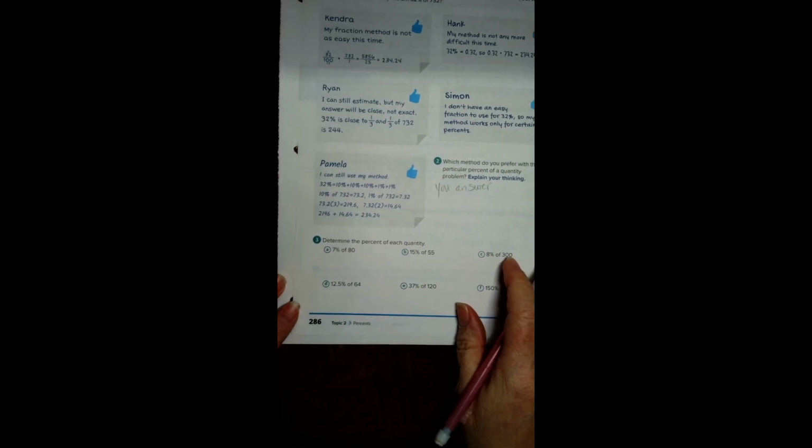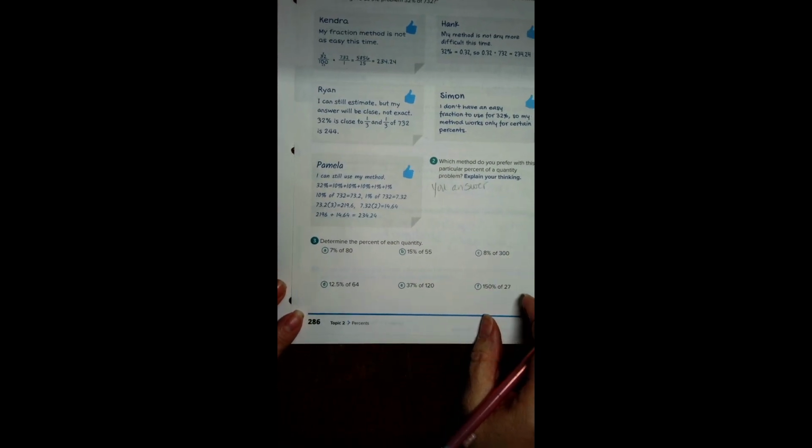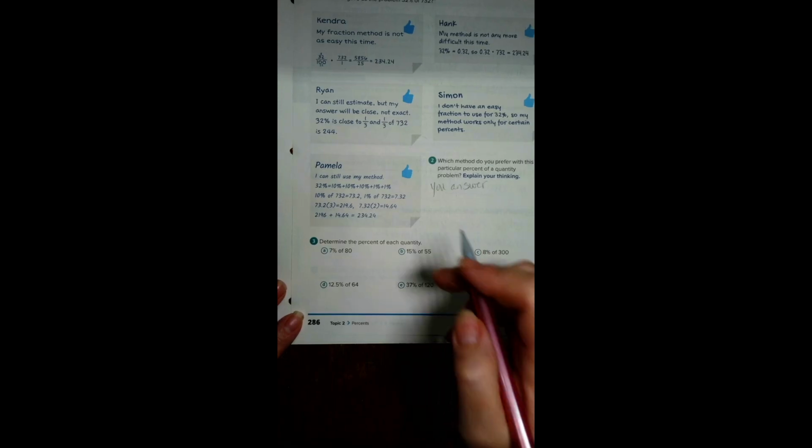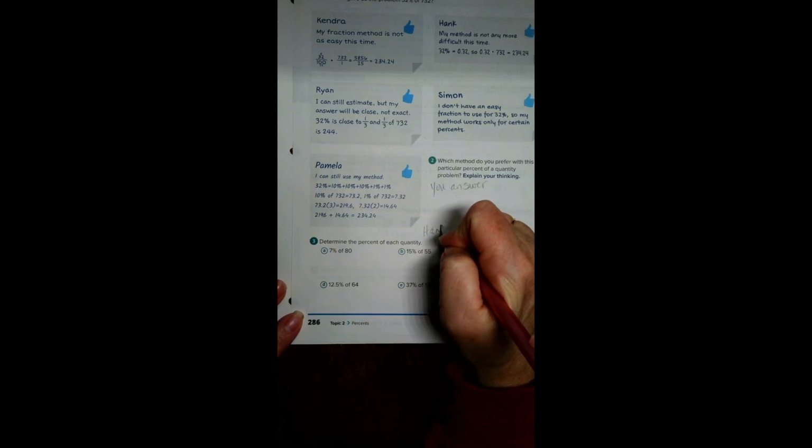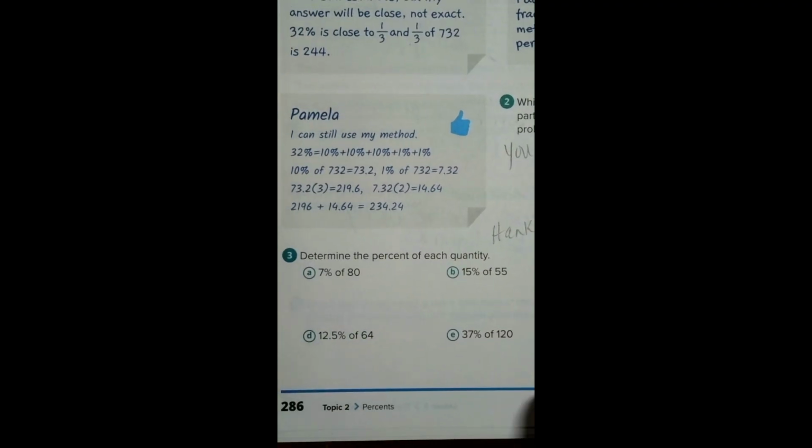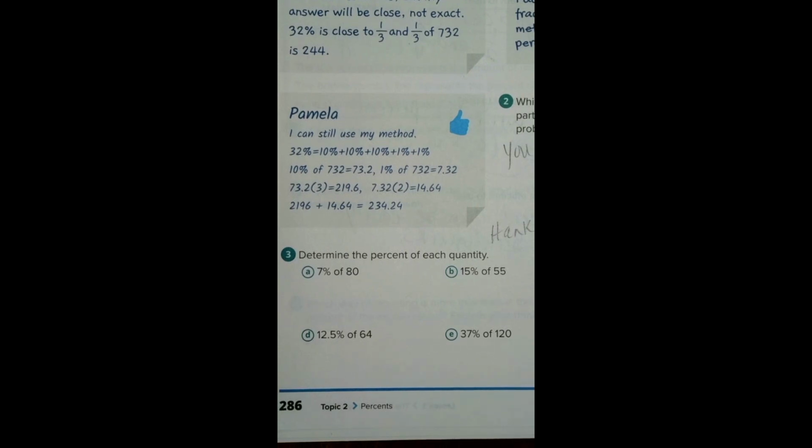All right, number 3, determine the percent of each quantity. So we're going to use Hank's method to do this. I'm going to zoom in a little bit here. So 7% of 80.